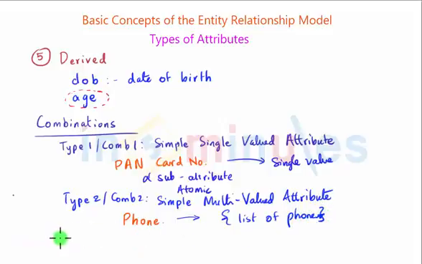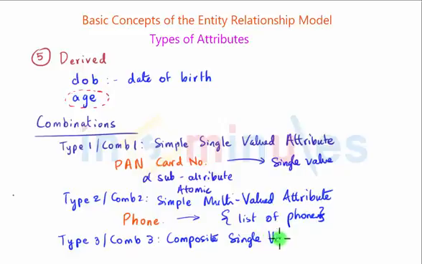The third type or the third combination is that of composite single valued attribute. How can we describe this? Take the example of name.